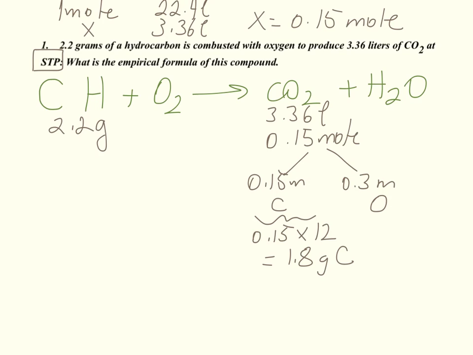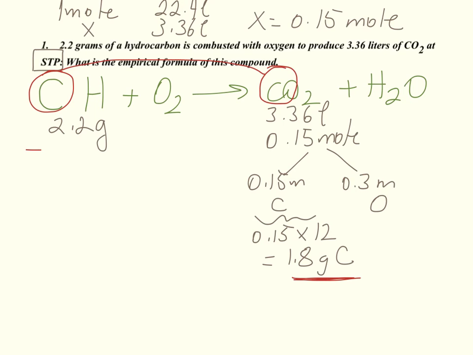Because our carbon in carbon dioxide is coming directly from our hydrocarbon, we can say that 1.8 grams of carbon is the carbon in our 2.2 grams of sample.